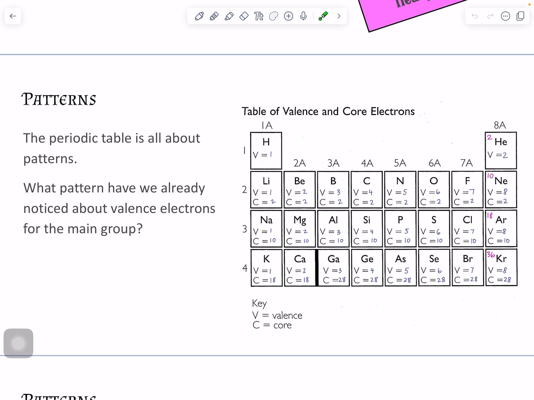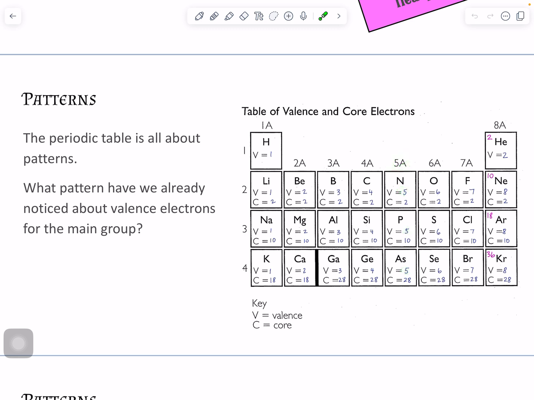What we noticed is that the number of valence electrons corresponds to the group that the element is in. So group 1A elements have 1 electron in their valence shell. Group 5A elements have 5 electrons in their valence shell.